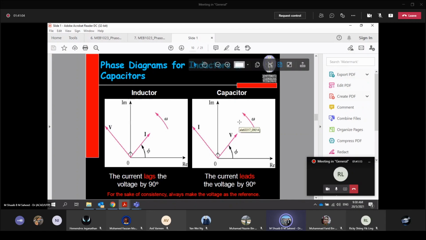Any question guys on this? In later quizzes, will they ask us to draw the phasor diagrams like this? Will we be required to draw these phasor diagrams later on? It depends on the question.